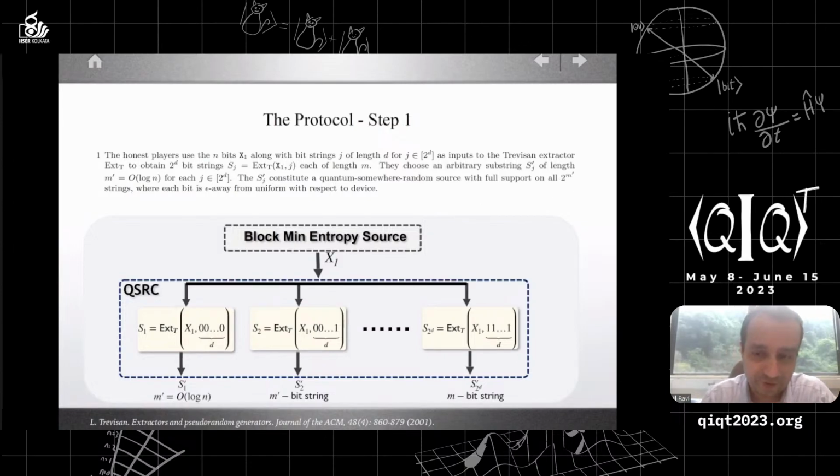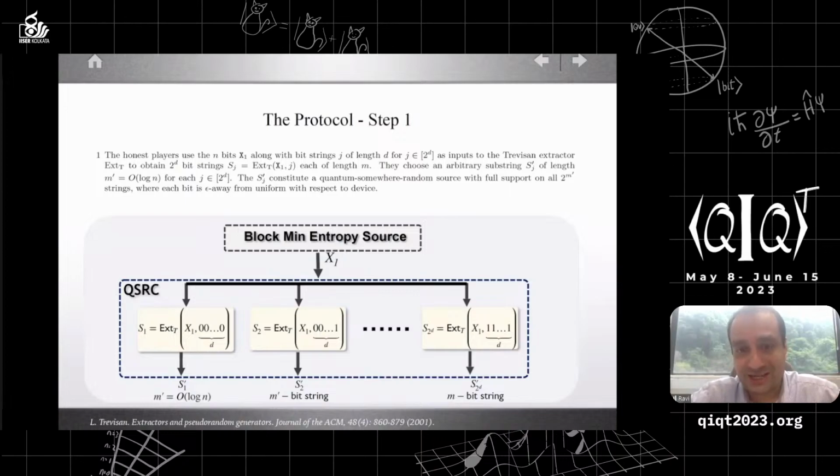What we are doing is getting output bits S1, S2, all the way to S_{2^D}, because the extractor is designed to produce output bits that are epsilon close to uniform, provided you have independence.